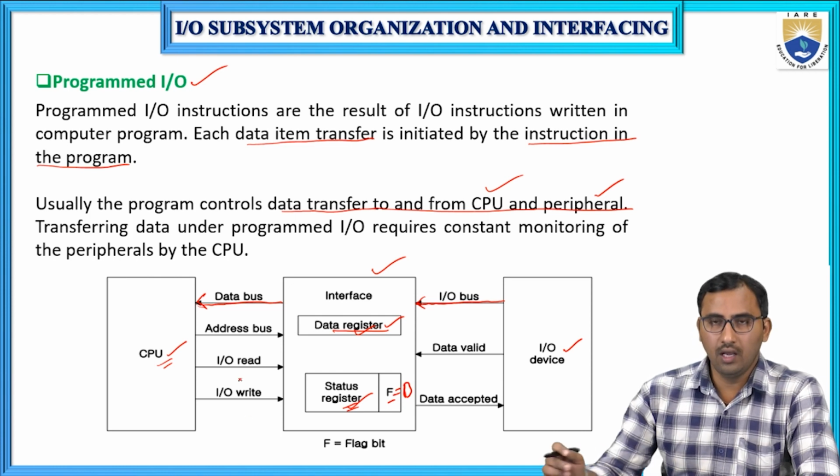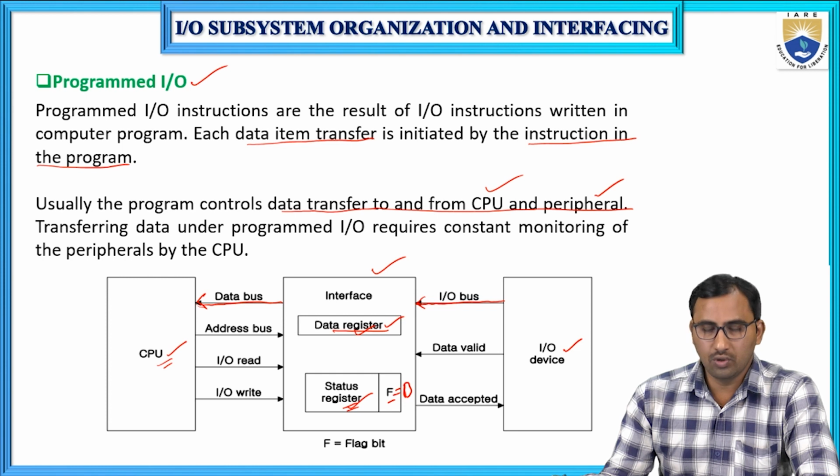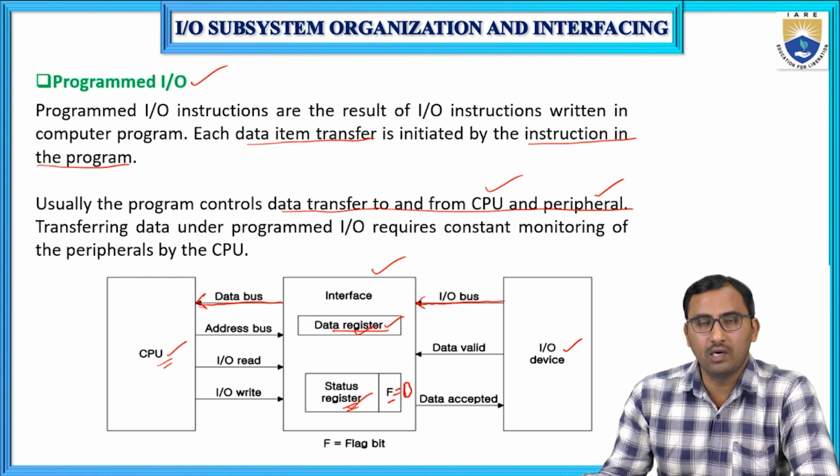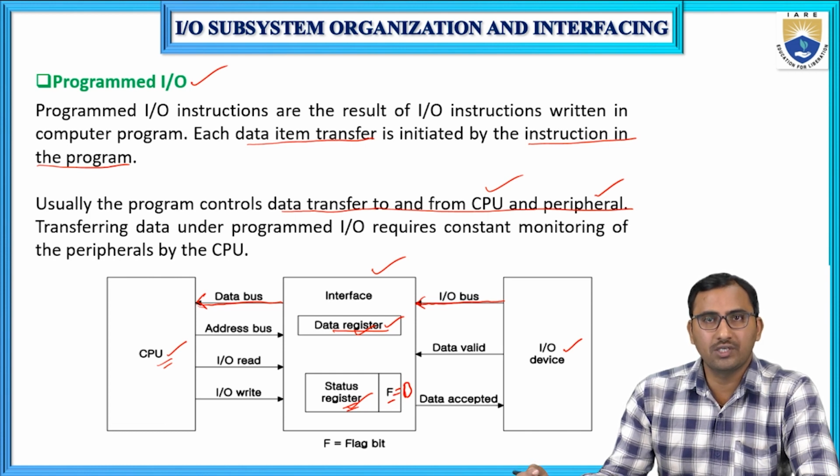The CPU's time is wasted by checking the status register continuously. It is a wastage of the CPU's time because the CPU has to execute some important programs, but instead of doing execution, it is spending more time on checking the status register F. If the status register F is not equal to 1, it has to wait until the status register F is equal to 1. So this is a drawback.